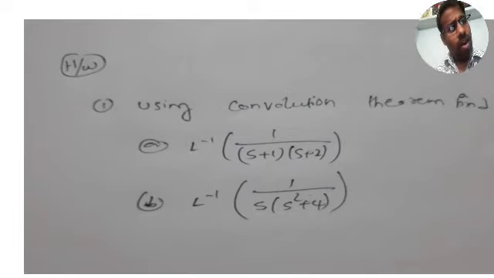If you choose the simple one as f bar of s and the other one as g bar of s, then take care in integration. Only integration troubles you. If you are able to manage it, then you can choose any function as f bar and the other one as g bar. There is no problem there.